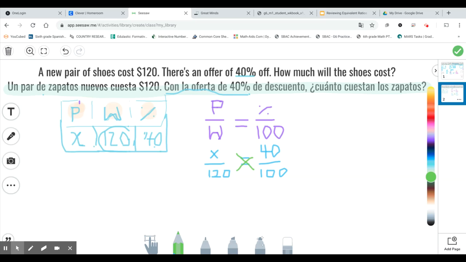So just for ease, we have x times 100, and that gives us 100x. Keep the equal sign. And now we have 120 and 40.